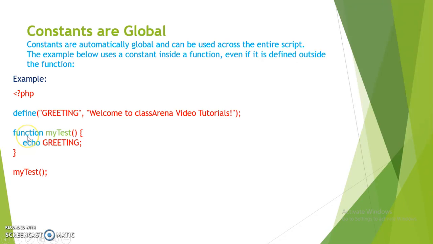And then we define a function myTest, and we say echo greeting. As you can see, because it is global in nature, with global scope, we are able to get it right there. And by the time we print it out, you see: welcome to Class Arena video tutorial. Very simple as that.